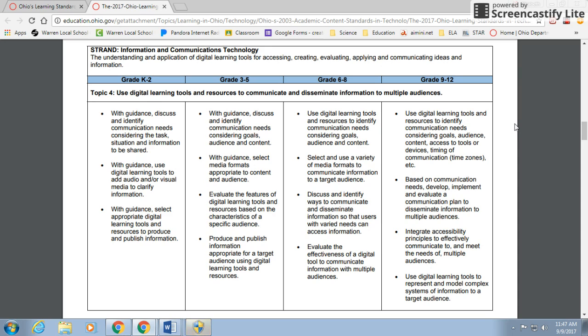So again, this is all about how we're going to share it out and make it very relevant to them, not just an assignment for them to do. How are they impacting the world with what they're researching or presenting?